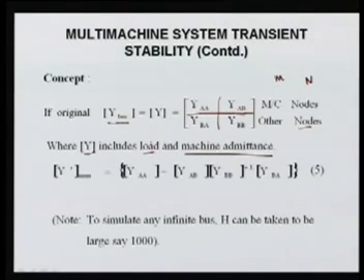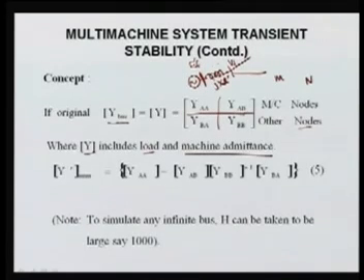We take the load as PQ and the machine as a power injection at the terminal bus. Here, for a single machine, the generator has some reactance, and this is VT. We have another node called Ef or E prime, the excitation voltage. This impedance, jXd prime, is also included in the Y bus, which we never include in the normal load flow Y bus, but here we include it.